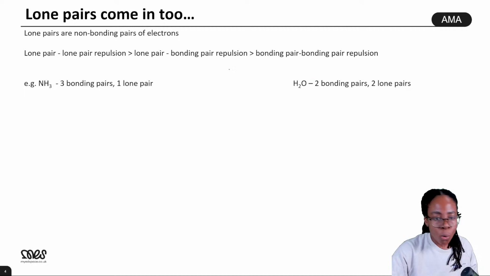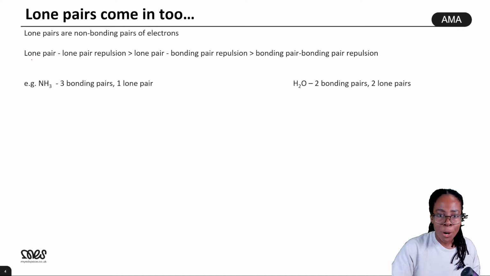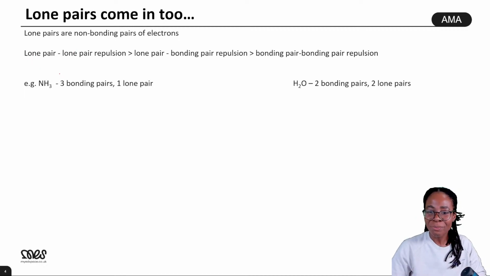So all electron pairs repel, but bonding pair repulsion is less than the repulsion between a lone pair and a bonding pair, which is less than the repulsion between a lone pair and a lone pair. I know, A, how exciting.